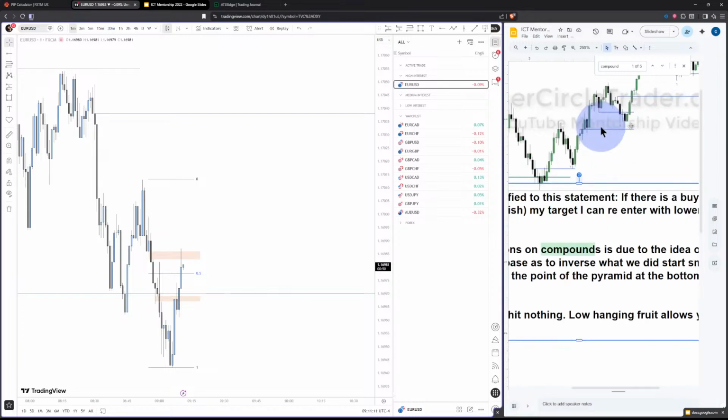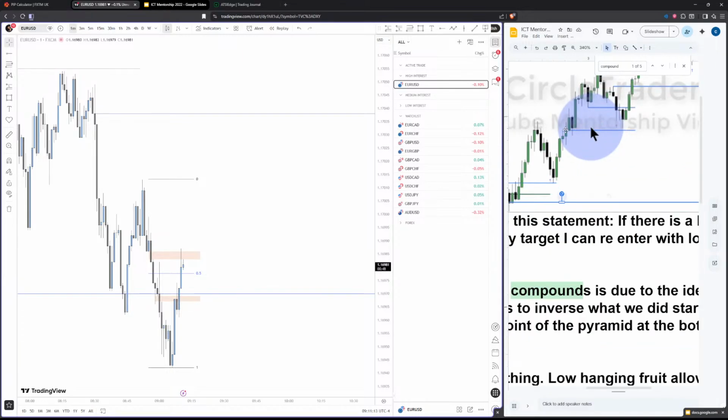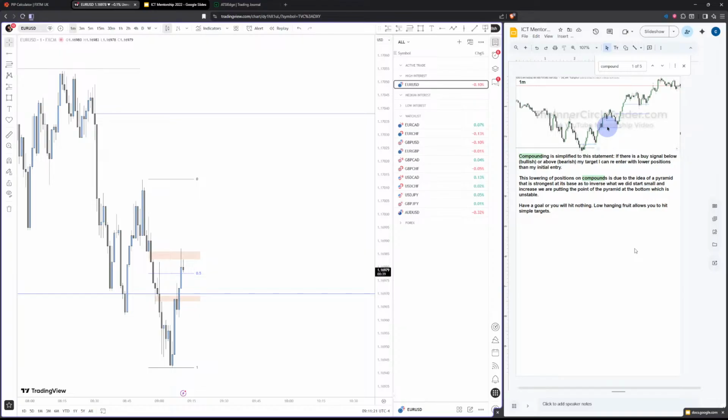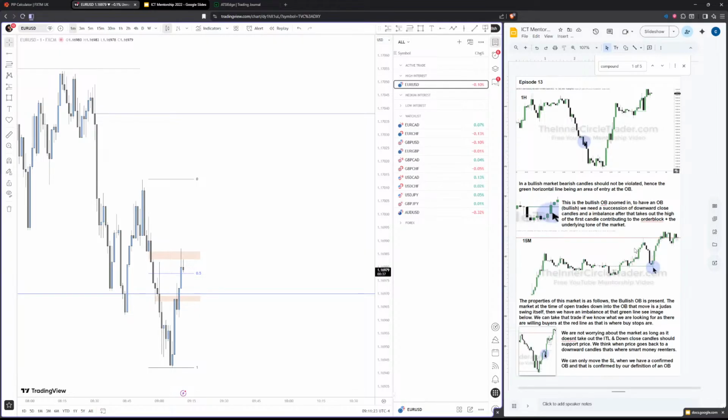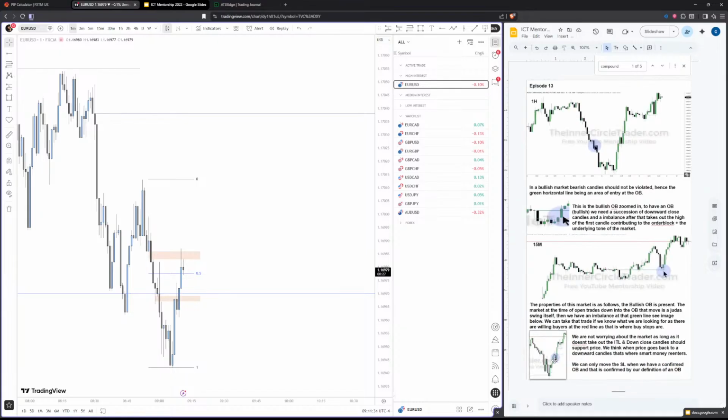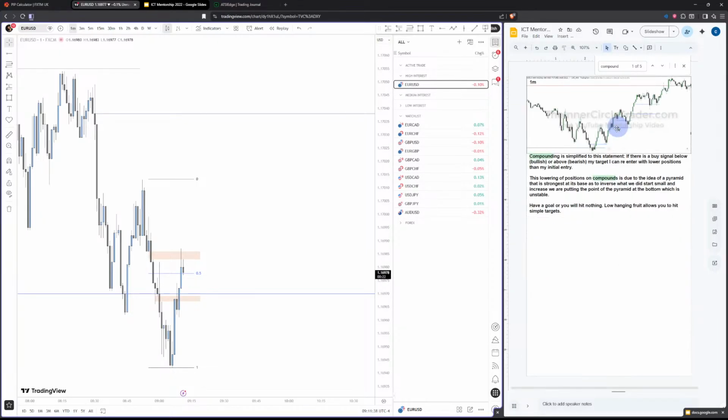Actually, not sure what that is. I'm assuming it's a fair value gap, maybe in a larger time frame. Let me go up a slide. I'm assuming these are fair value gaps in a larger time frame.